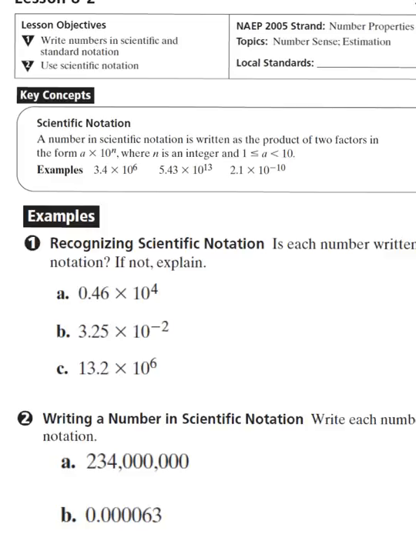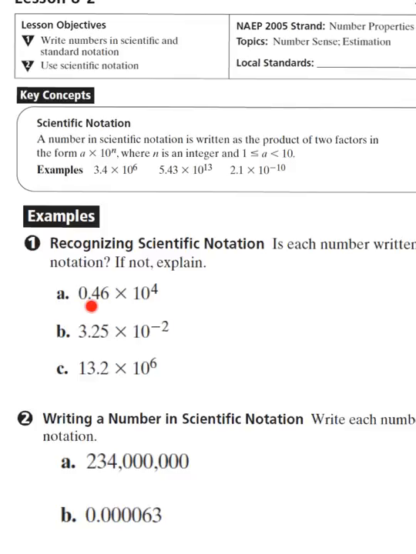So if we look at example 1, we've got 3 numbers here, and if we look at A, 0.46 times 10 to the 4th. Is this written in scientific notation? If we look back at our example here, we need to have one number in front of the decimal place. So example A is not written in proper scientific notation.